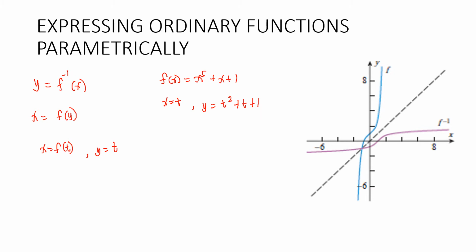And the graph of the inverse can be represented parametrically as x is equal to t to the fifth plus t plus 1, y equals t. By the way, this is not squared, that must be 5. Let me check this one first. It must be equal to 5.